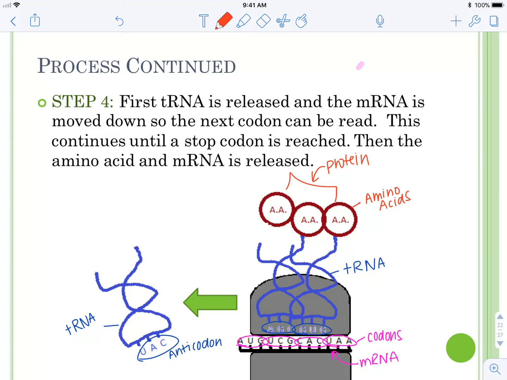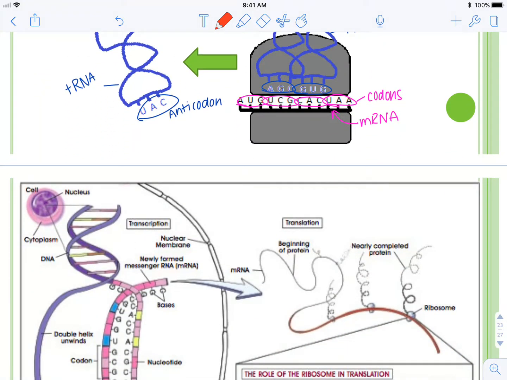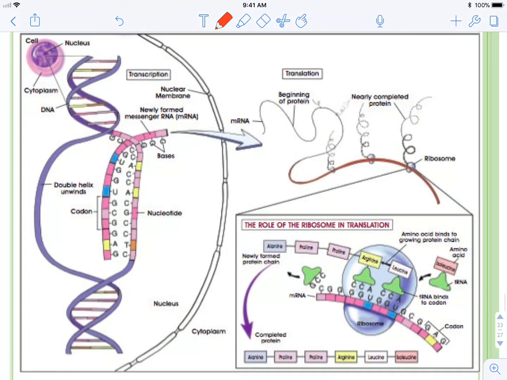This keeps going and going and going. I mean, proteins can be thousands of amino acids long until that stop codon gets reached, and then everything gets released out of the ribosome. Pause it if you need to after step 4. That, guys, is the basic process.